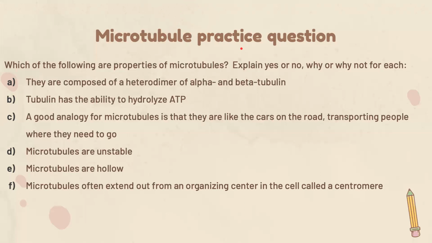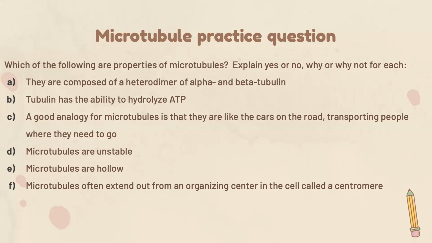So the first one says, microtubules are composed of a heterodimer of alpha and beta tubulin. Does anyone think they know the answer to this? Yes. Can you explain? Right, so tubulin, yeah, you're right, you did a good job.